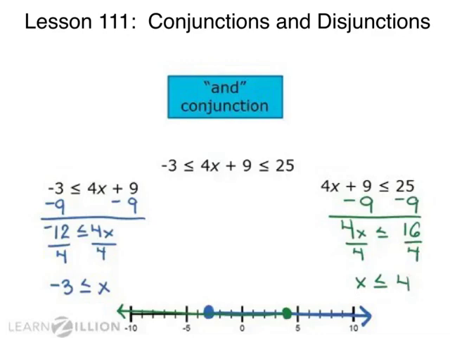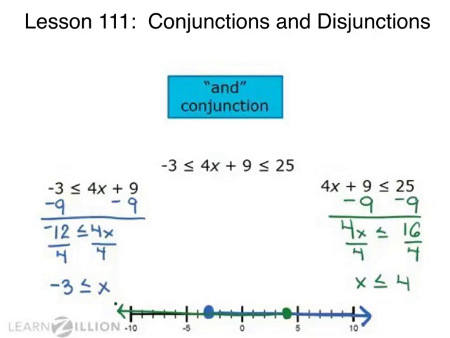So in this example, we have negative 3 is less than or equal to 4x plus 9, which is also less than or equal to 25. If we take negative 3 is less than or equal to 4x plus 9, then we have x is greater than or equal to negative 3.